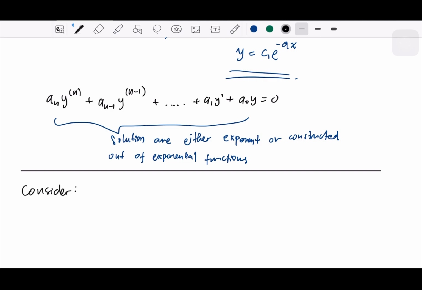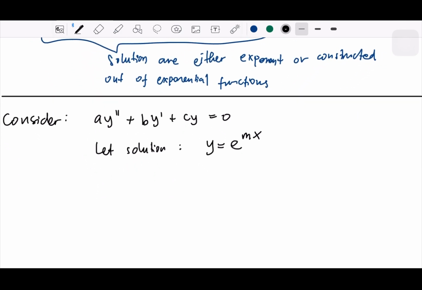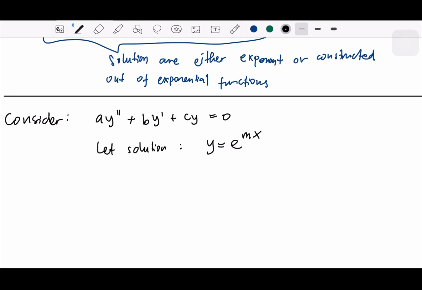So consider we have a y double prime plus b y prime plus c y equals 0. And let the solution be in the form of y equals e with power of mx. Let's solve with this y. So first, as usual, we try to differentiate.